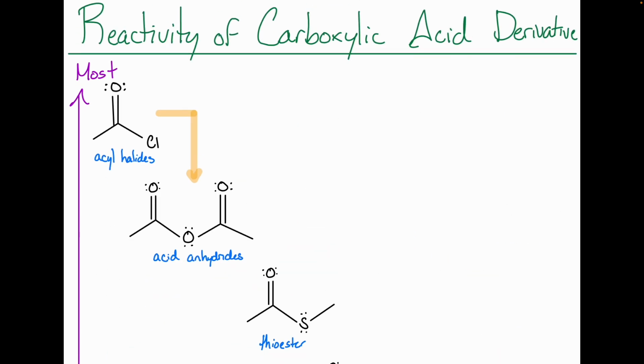So we said we could convert something more reactive into something less reactive, and what we showed is we converted this acyl halide into this acid anhydride.